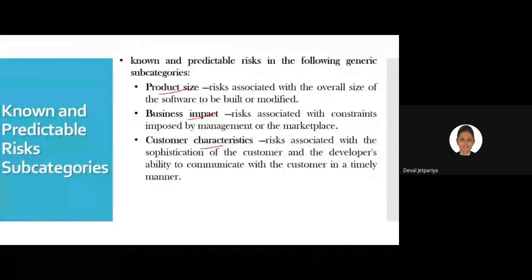Third one is customer characteristics: risk associated with the sophistication of the customer and the developer's ability to communicate with the customer in a timely manner. There are types of customers who are not getting attention on time. They might simply switch the project from one developer team to another, right?